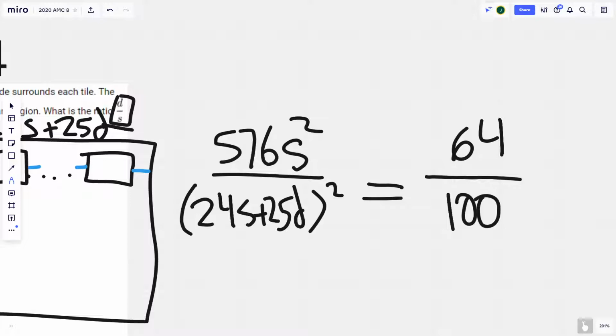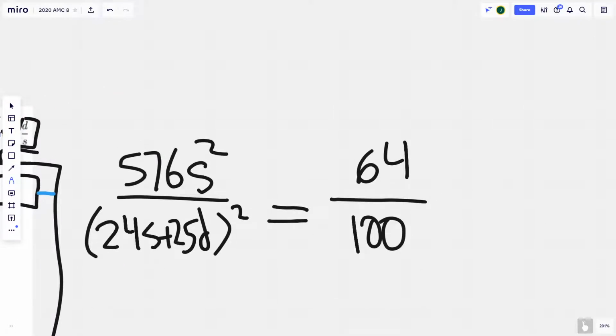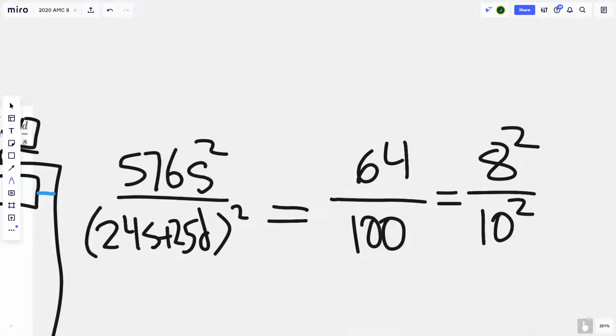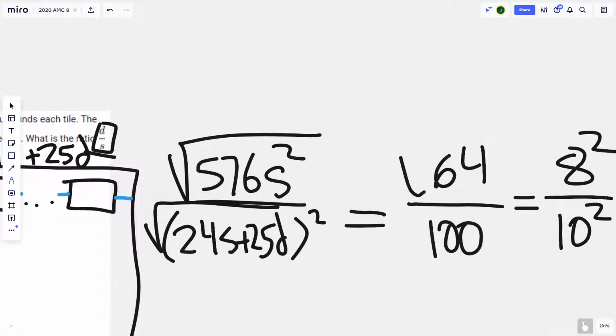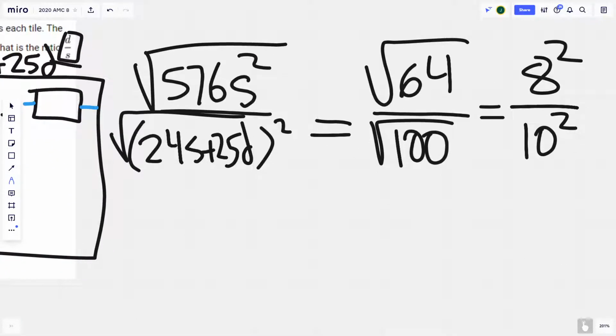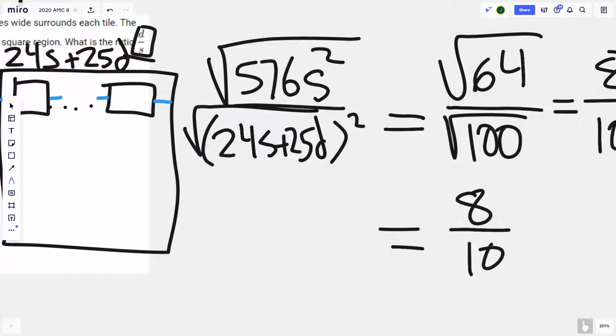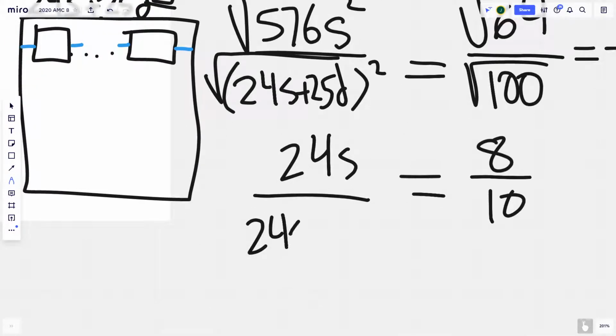Now the first thing we can do is simplify this equation by taking the square root, because everything, including this 64 over 100, is a square. So we can write this as 8 squared over 10 squared, and keeping in mind that 576 is 24 squared, we can take the square root of this entire equation. Doing this allows us to simplify it to 8 over 10 is equal to the square root of 576 s squared, which is 24s, over 24s plus 25d.